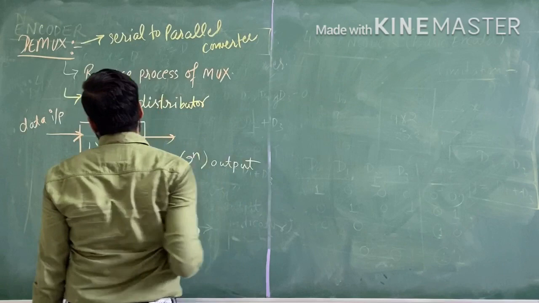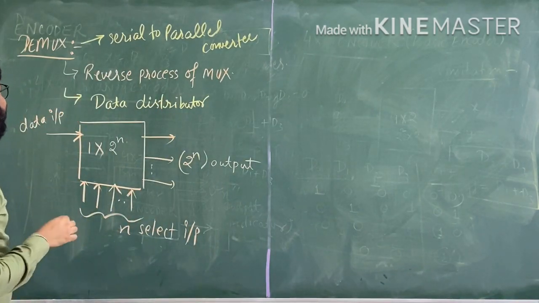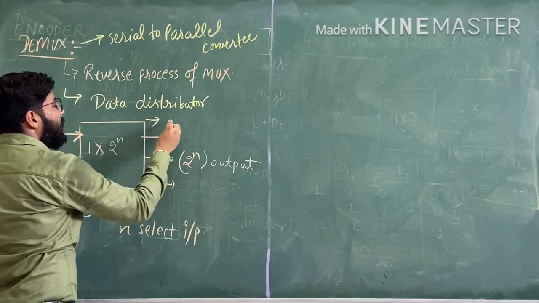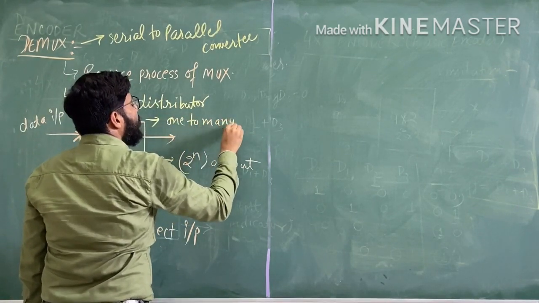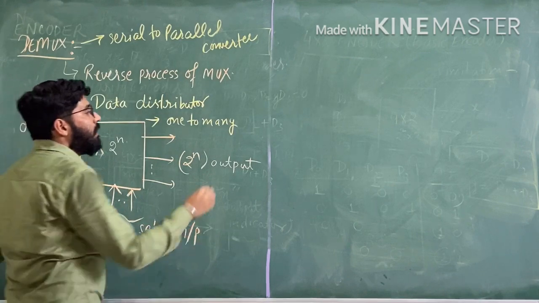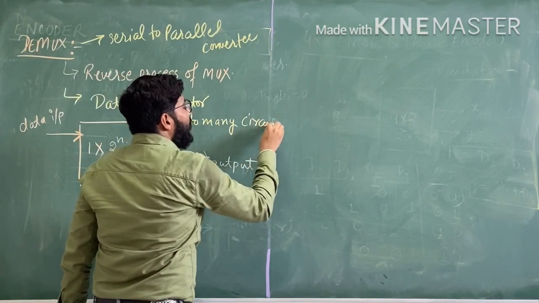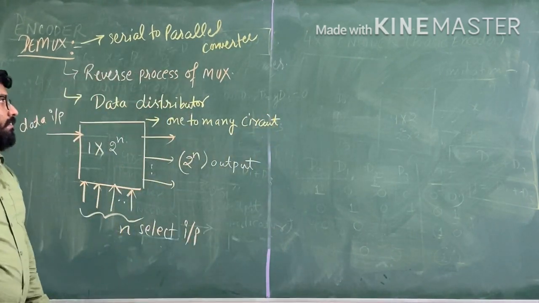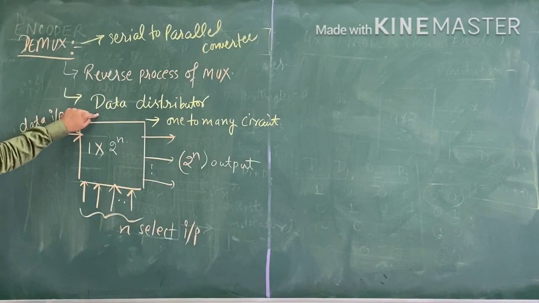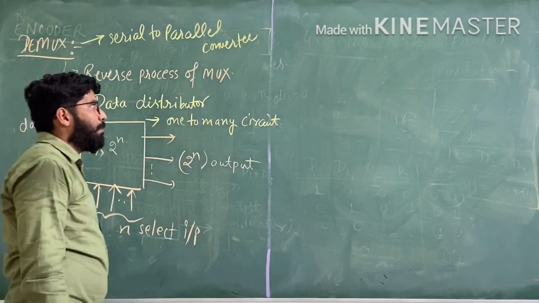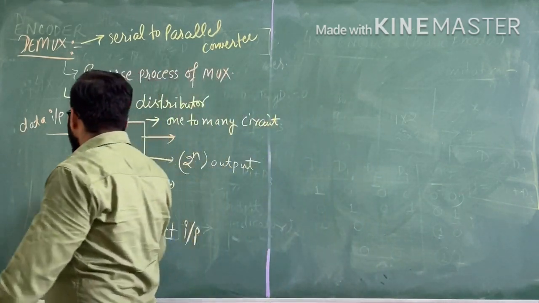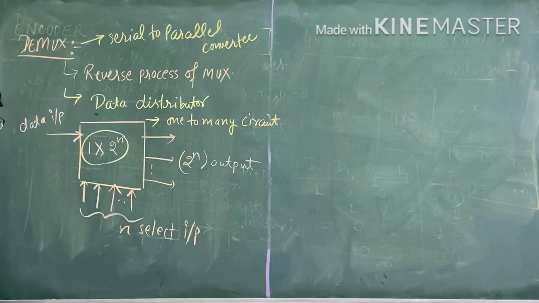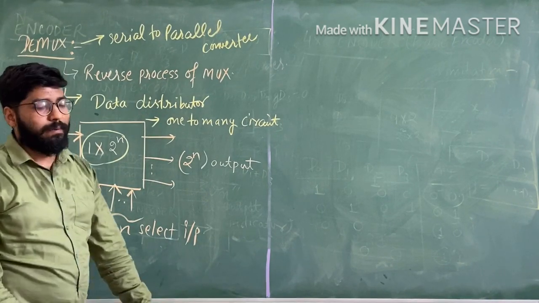There is one more name of demux, that it is a one to many circuit. So these are the other names of demultiplexer: first, data distributor; second, serial to parallel converter; third, one to many circuit; and another name is 1 cross 2 raised to the power n demux. It is a reverse process of multiplexer.